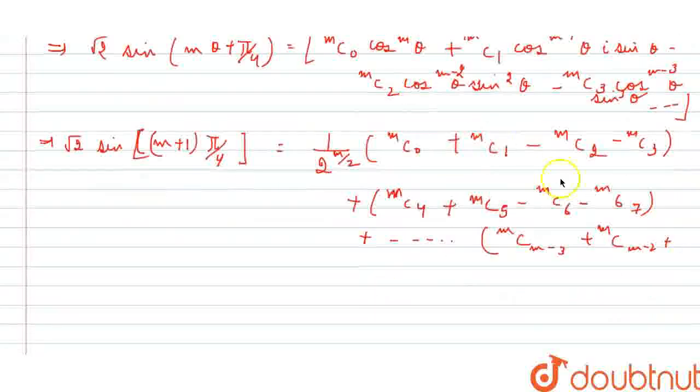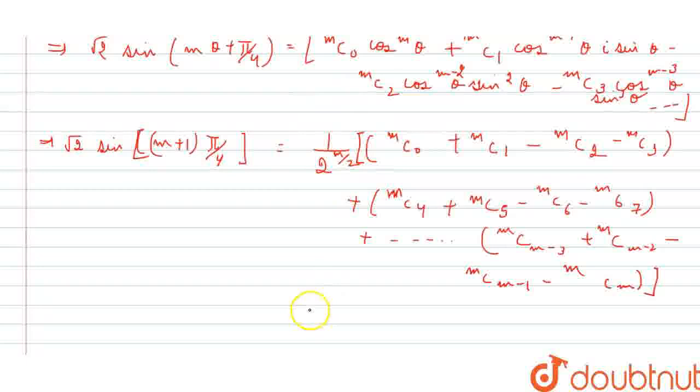It would be minus here, so it would be minus mC(m-1) minus mCm, this thing.